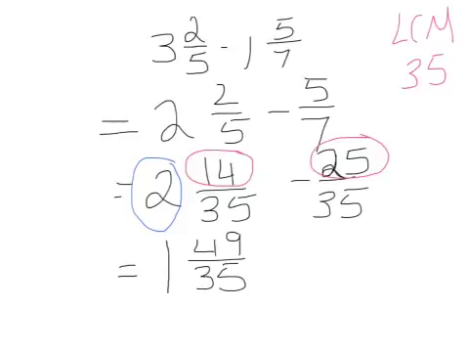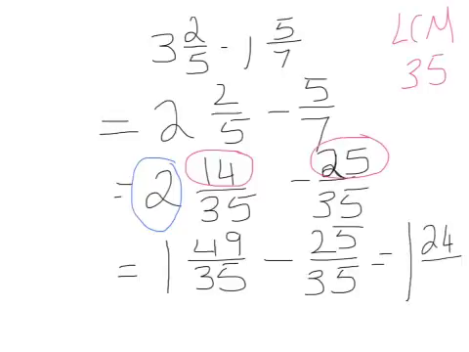And if you look in there, in that 49/35, I have 1 whole plus the 14. And that's how I'm able to drop down to 1 here. And then I'm going to minus 25 over 35. And that's going to give me a final answer of 1 and 24 over 35.